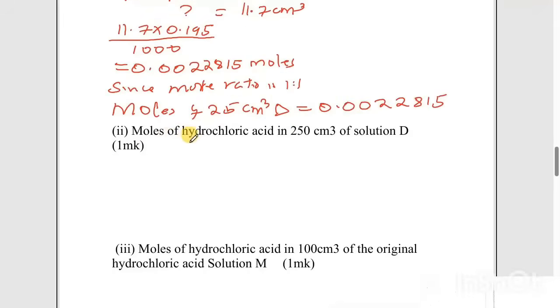Next, the number of moles of hydrochloric acid in 250 centimeters cube solution D. Do you know the reason why we are asking you to find the 250 solution D? You will know why.